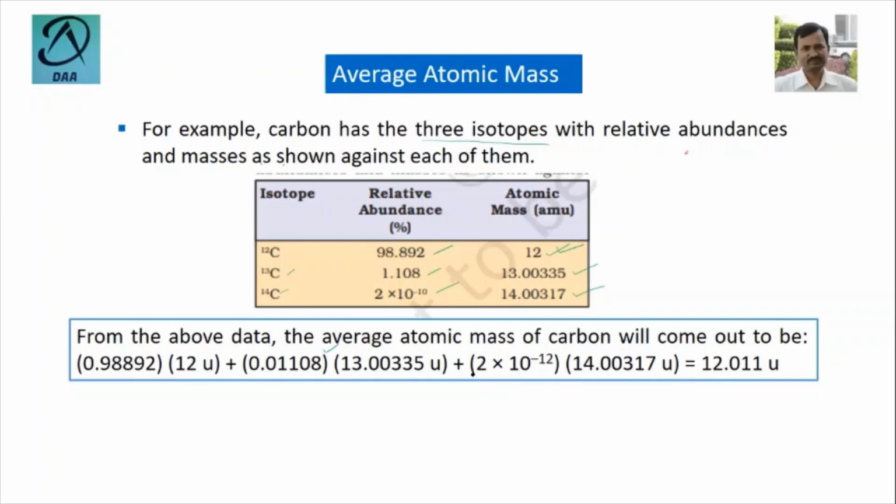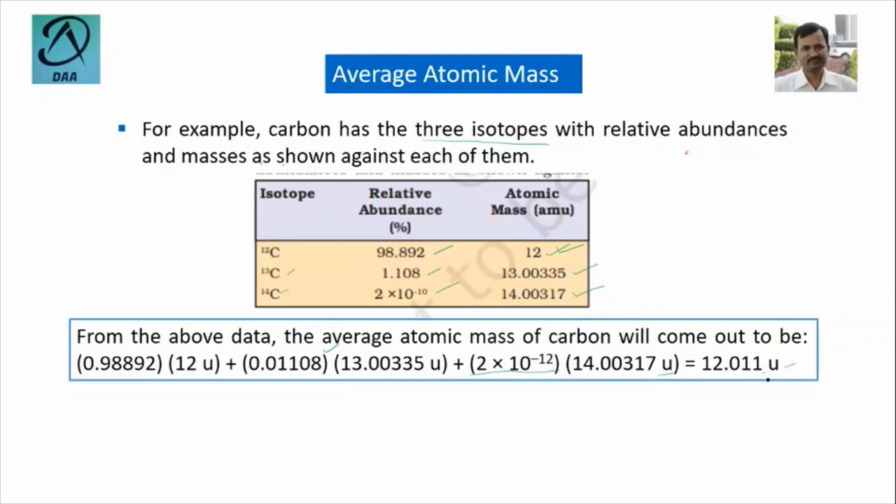That means ultimately 2 multiplied by 10 to the power minus 12, and it will be multiplied by the atomic mass 14.00317 AMU or U. Ultimately, if we do the multiplication and summation, the value will be 12.011 U.